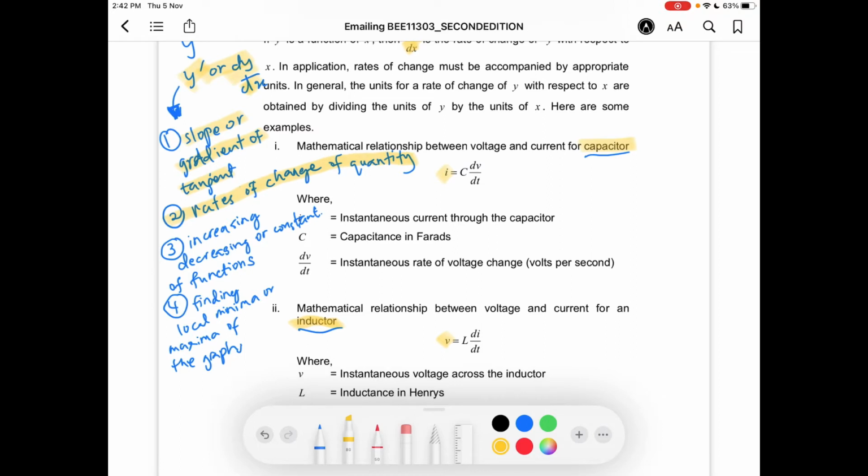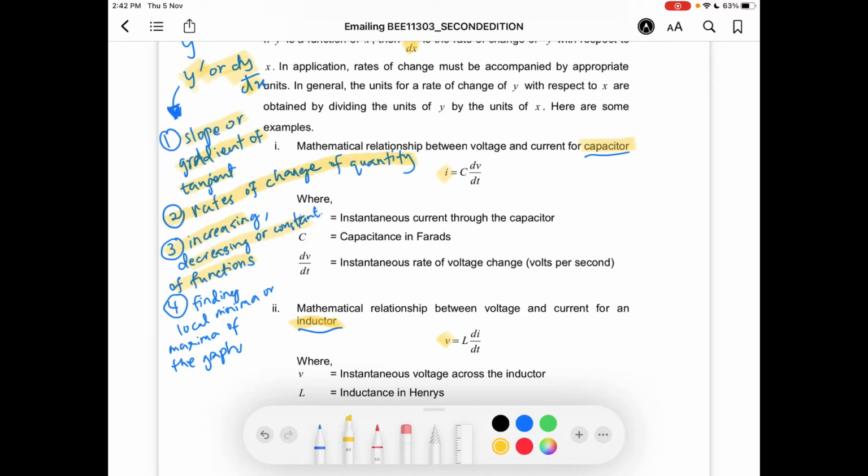Third application of the differentiation is that we can find the increasing, decreasing or constant of functions. If that function, let's say in the domain of a to b, is continuous, it means that we can differentiate it.